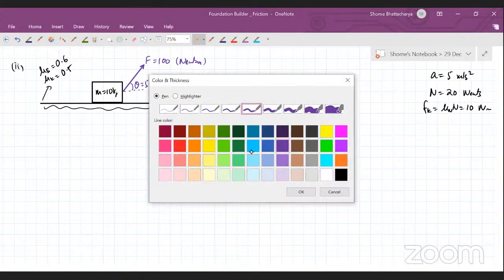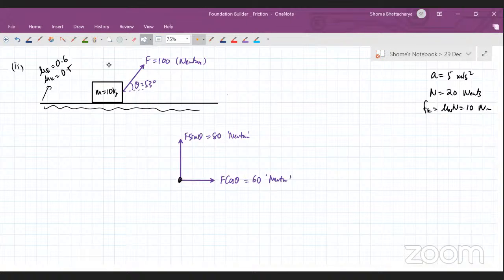Then of course the weight of the body is 100 newtons downwards.